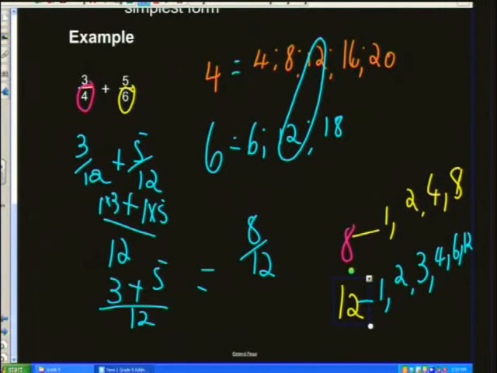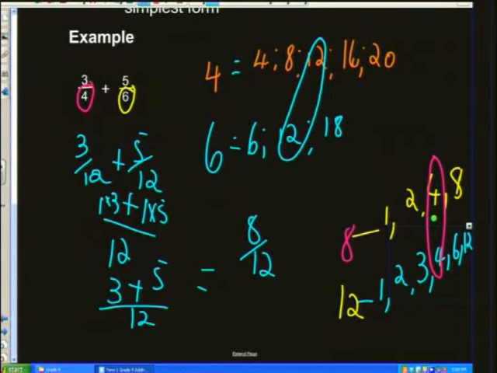Now, I want the highest common factor. So 4 is here, and also 4 is here. So that means 4 is a common factor for both 8 and 12, and it is the highest common factor for me. I'm going to take it as my highest common factor and divide the two numbers by 4.